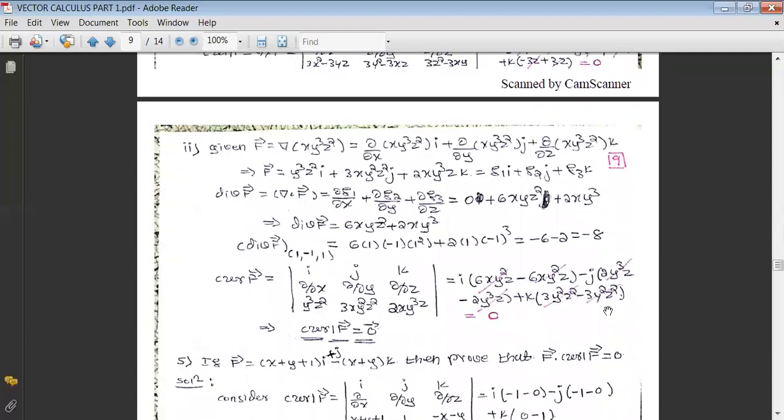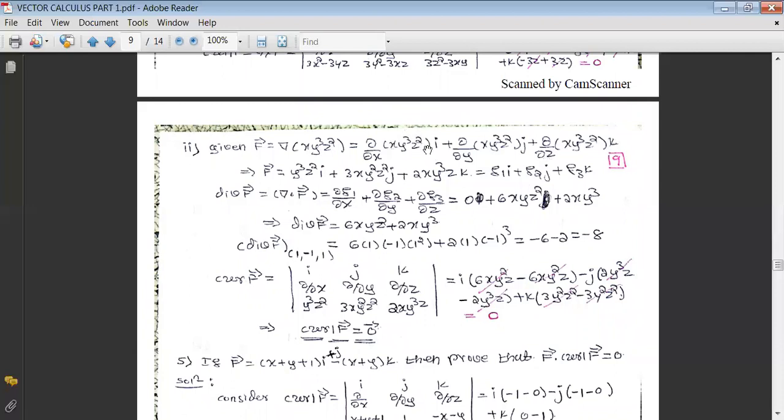In the same fashion for the second example, first let us find grad f, and they are given f as del of x cube y cube z square. First, it is given by dou phi with respect to x partially i, plus dou phi with respect to y partially j, plus dou phi with respect to z partially k.